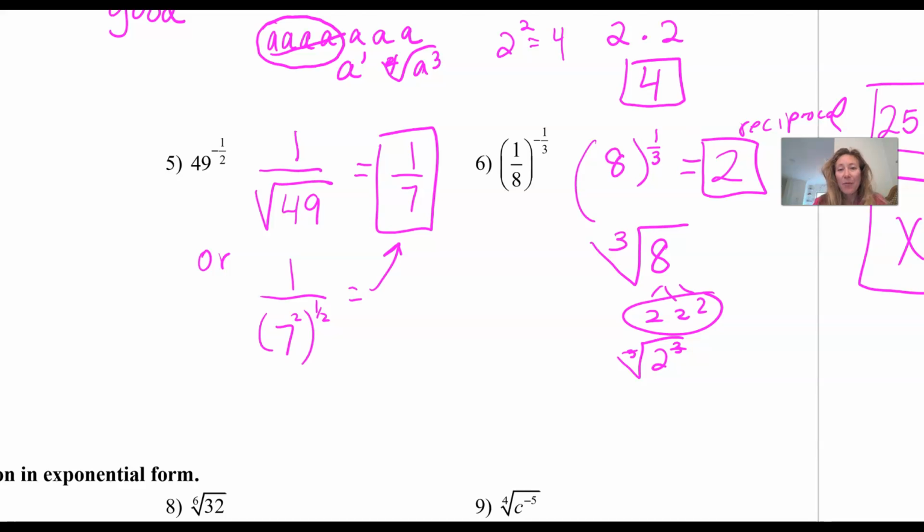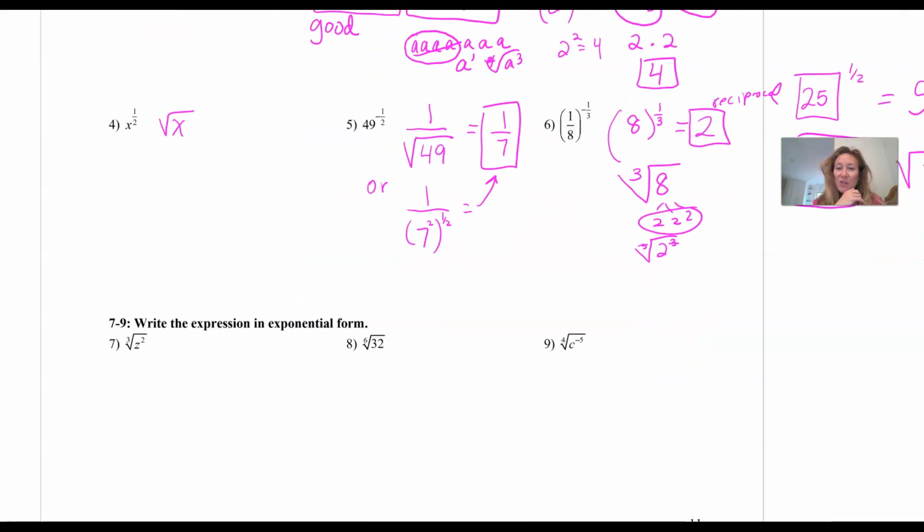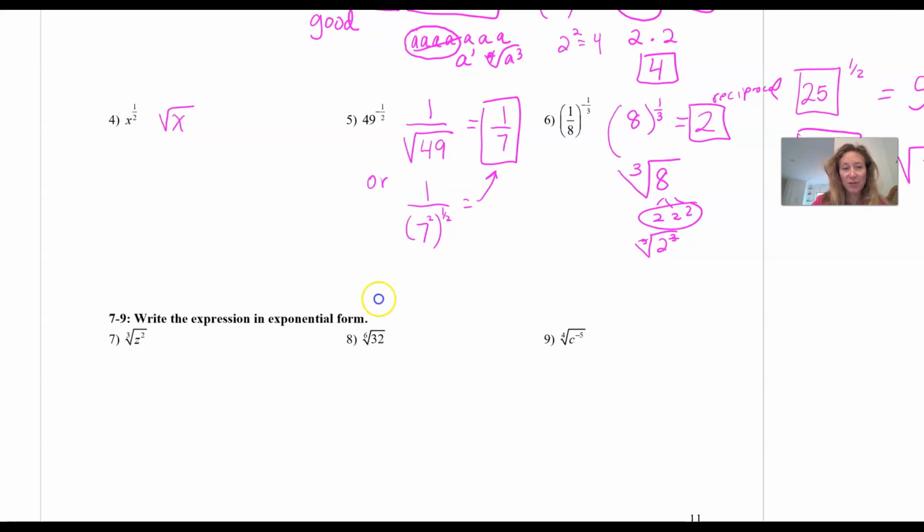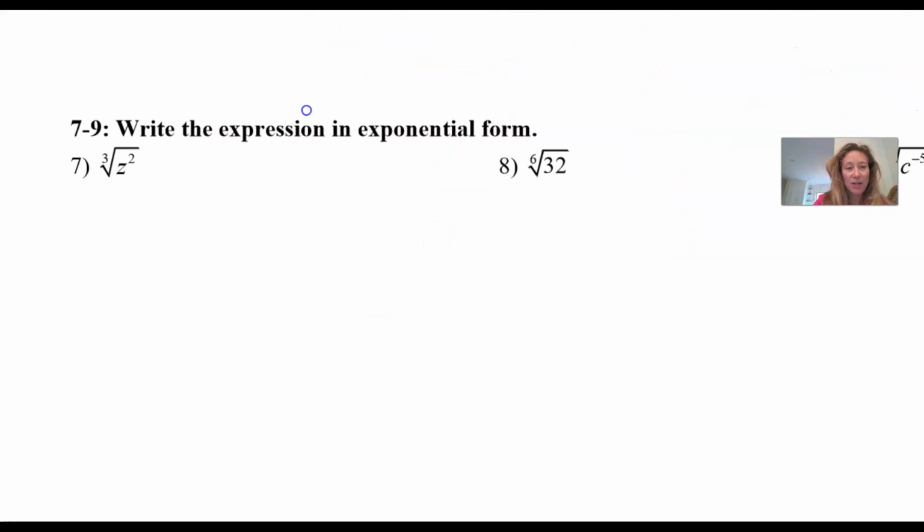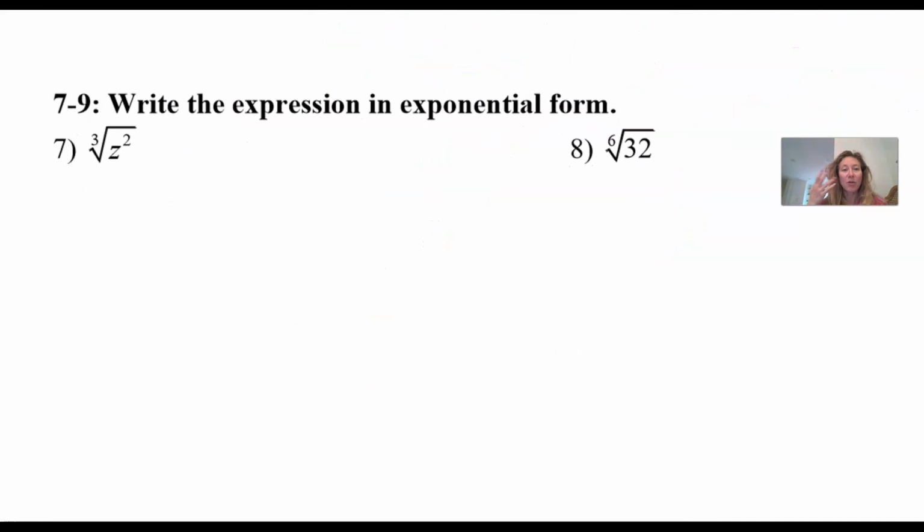Let's get a little bit more practice. So we're just rewriting expressions using their fraction exponents. In this case, I want to go from radical form to the exponent form. What I'm always going to do is write down the base first. So I see the base is the letter z, and then I write my fraction exponent. I write the denominator, 3.